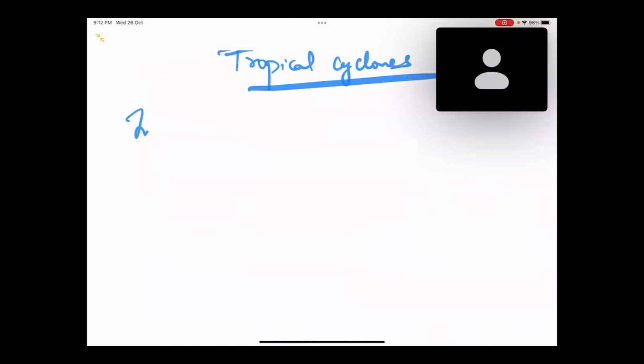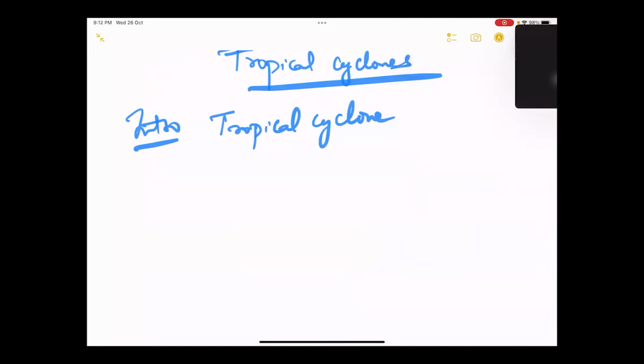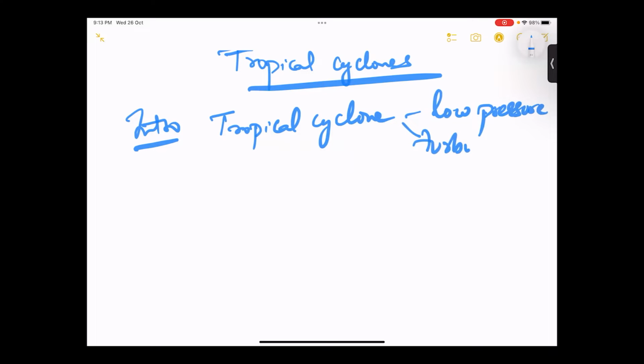In the introduction, you can write about what a tropical cyclone is. Everyone knows what a tropical cyclone is. Basically, it is a low pressure disturbance which is turbulent in nature, and it occurs over oceans in tropical waters.